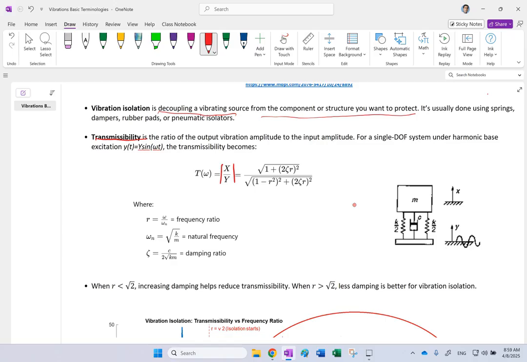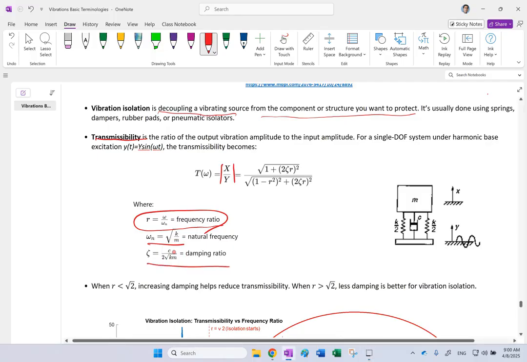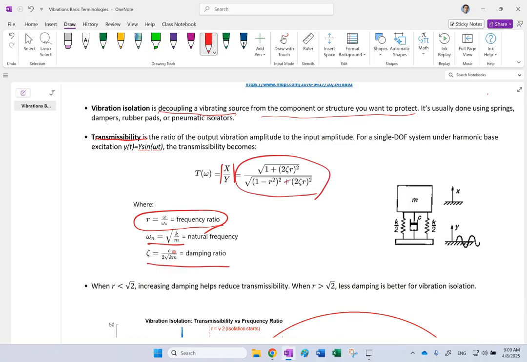Which, this formula again is for a single DOF system. So you can write it in terms of c, k, omega, m, or you can write it in terms of the ratio of omega over omega n, where omega n is the square root of k over m, and damping ratio, or damping factor, which if you remember, zeta was c over 2 square root of km. Okay, so this is that function.